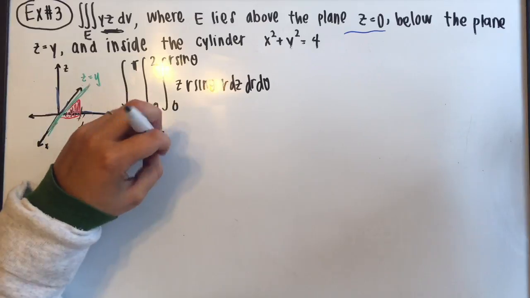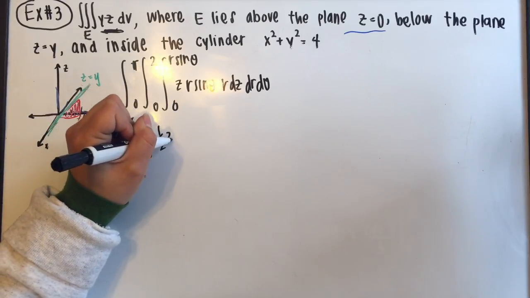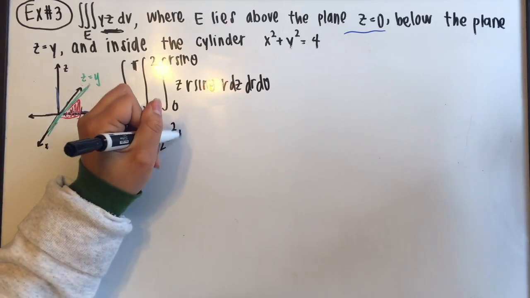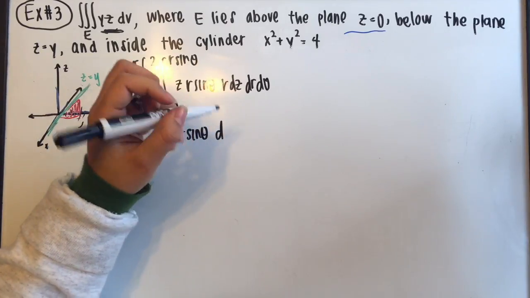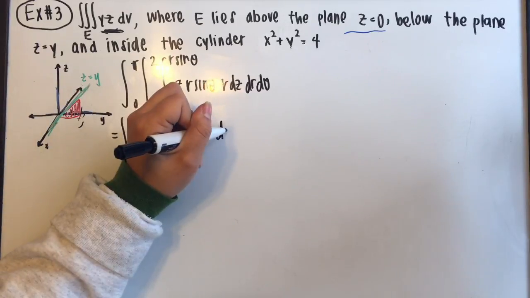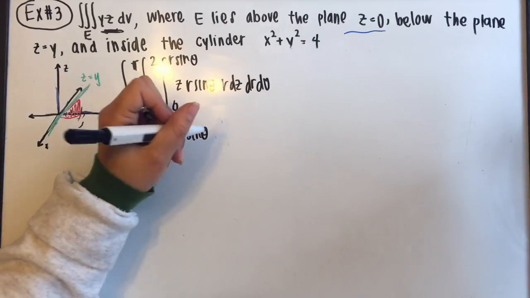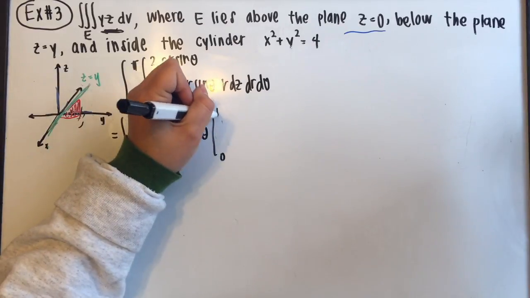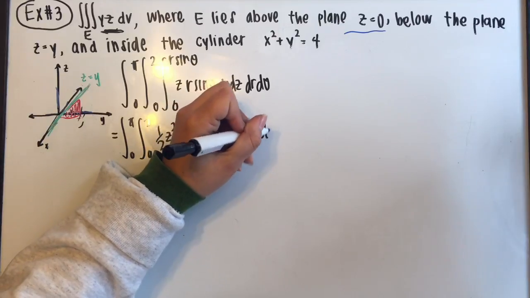Then our integration is 1/2 z squared r sine theta, so 1/2 r sine theta squared times r squared, from 0 to r sine theta dr d theta.